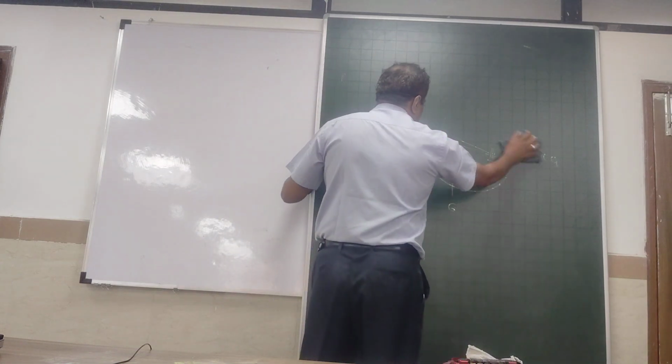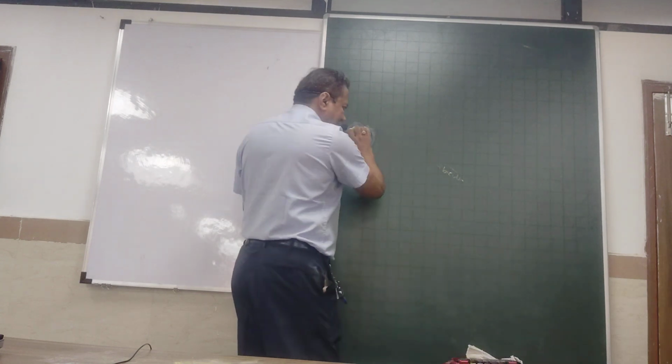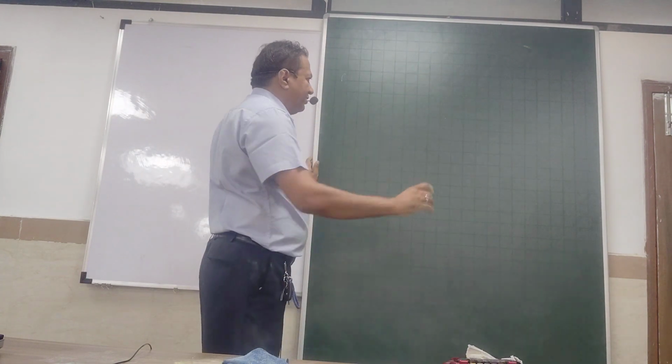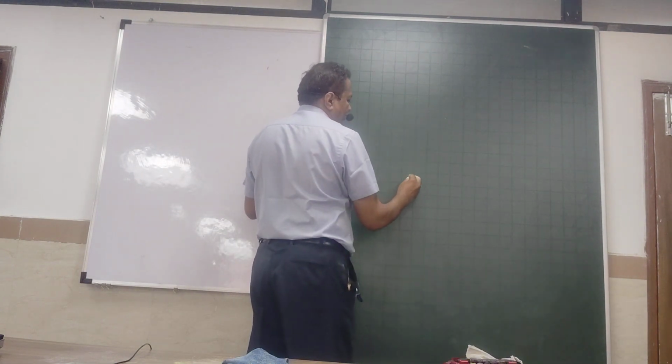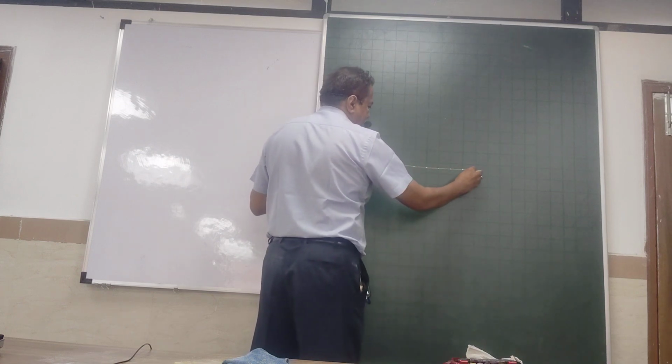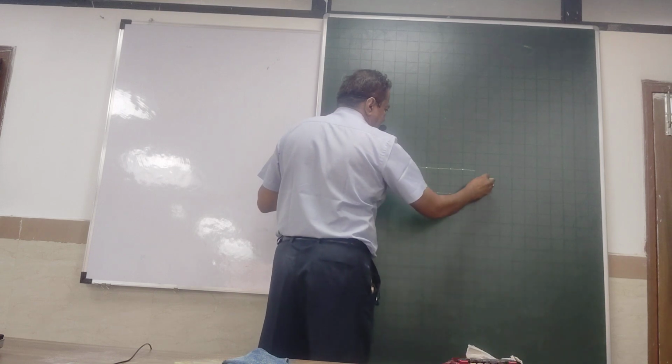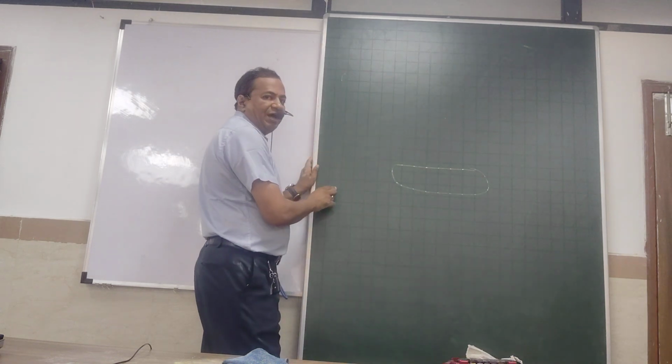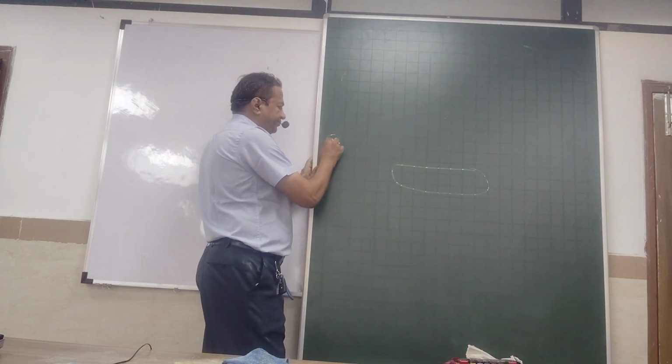With that brief information, I have told you where hippocampus is located. I'll talk about the afferents of hippocampus. Suppose this is the hippocampus.